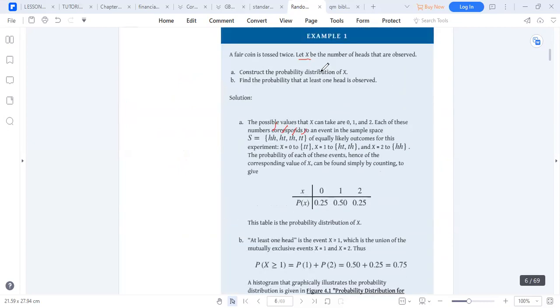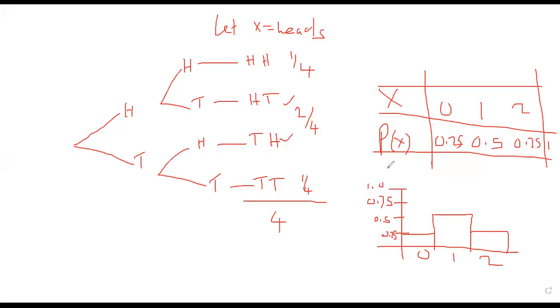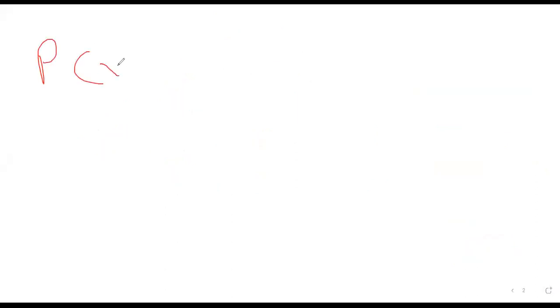All right. The other question is, what is the probability that you're going to have at least 1 head? At least 1 means 1 and above. So at least 1, we're going to have 1 and 2. So probability of at least 1, in this context, we're going to say probability X is greater or equal to 1.